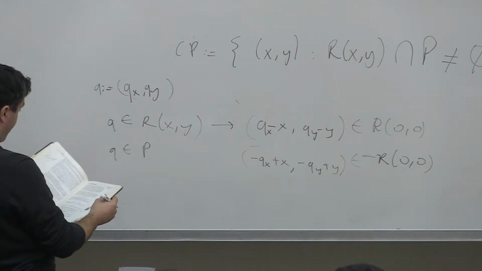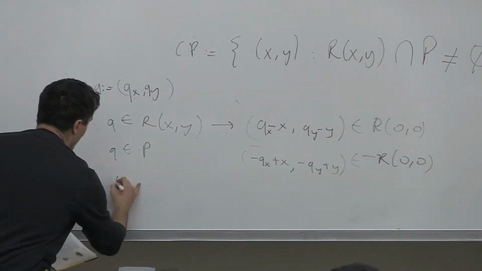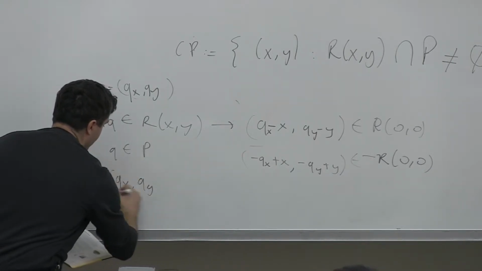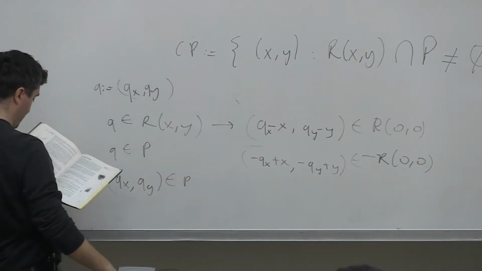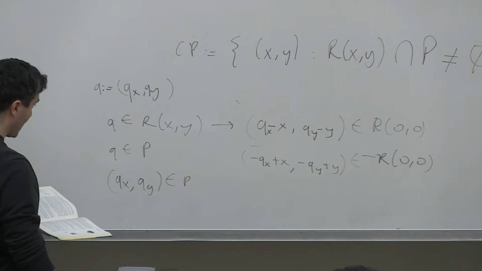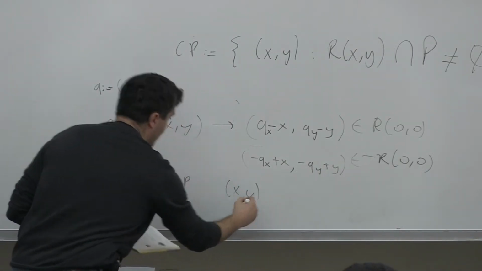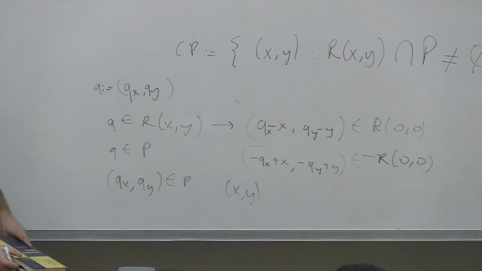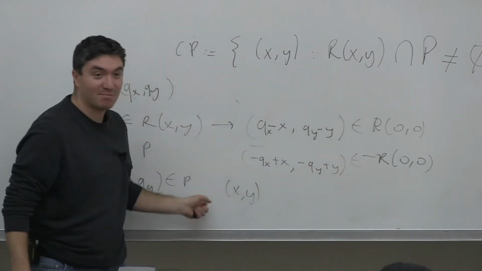We also have that Q, with coordinates QX, QY, is an element of P, from our first assumption. So now apply Minkowski sums.